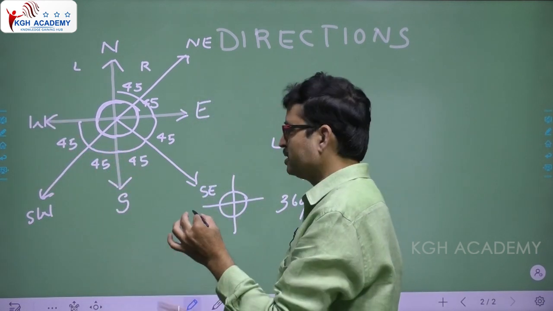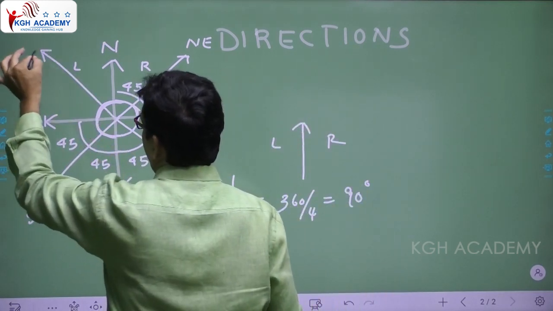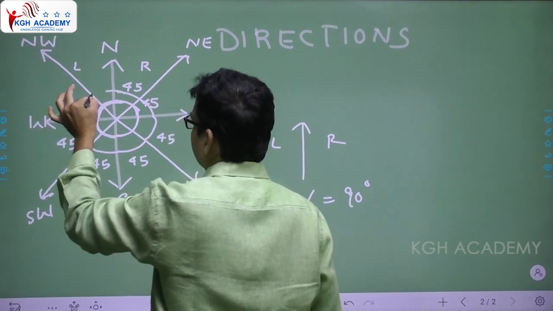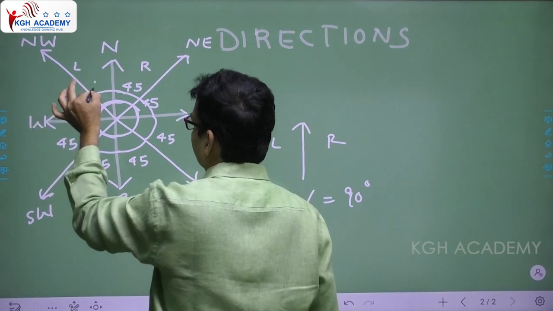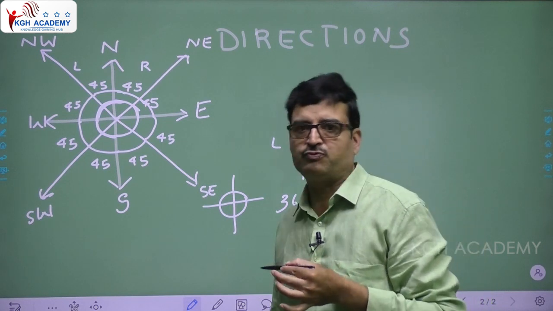And the arrow which is exactly opposite southeast indicates northwest, and this is 45 degrees, this is 45 degrees. So these are the 8 directions that you have to remember.